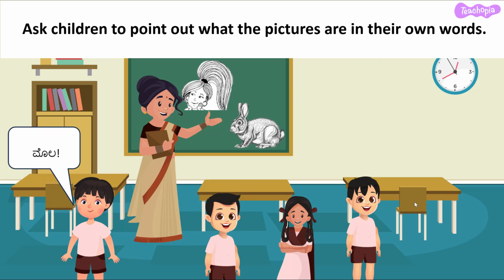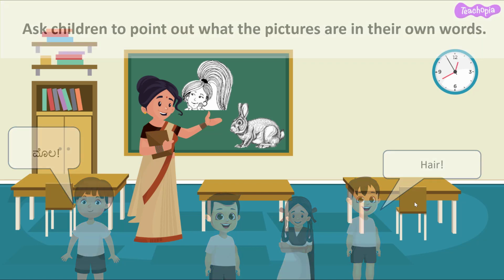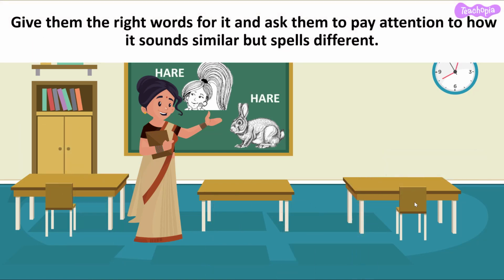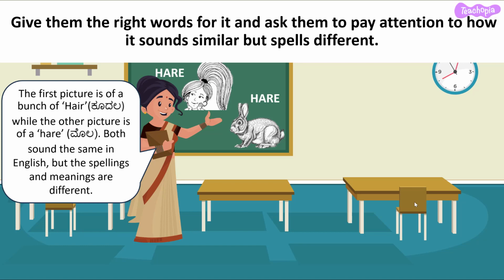Mola. Hair. Once they do this, draw their attention to the fact that both words sound the same in English, but they have different meanings. The first picture is of a bunch of hair, Kodulu, while the other picture is of a hare, Mola.